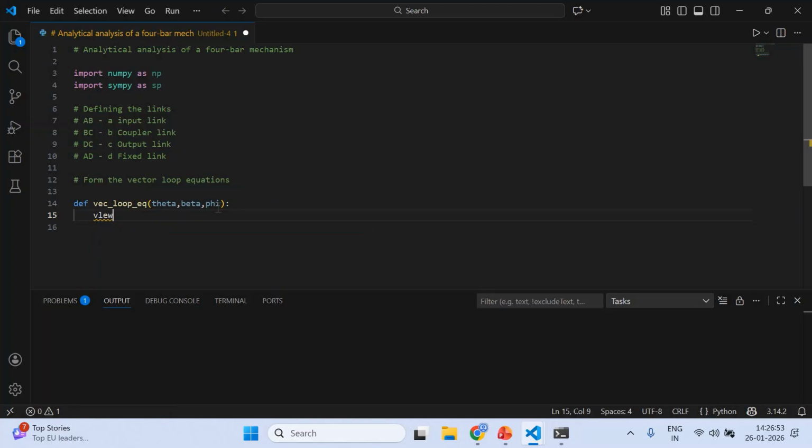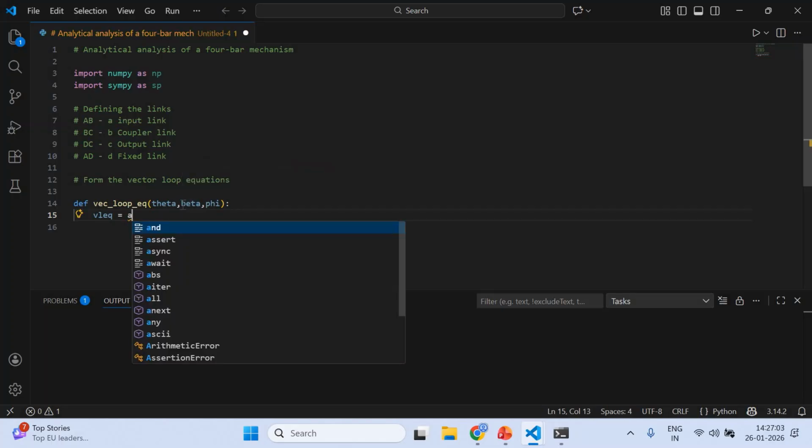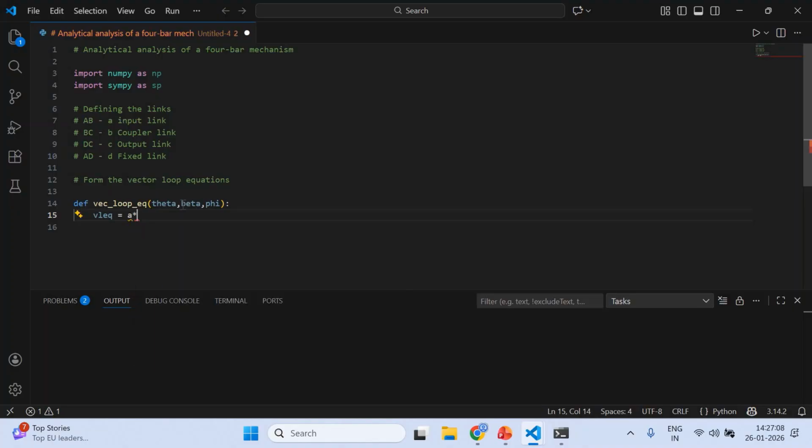Now let me write down that equation. It is basically VLEQ, that is vector loop equation. I'm simply using some notations to describe the equation. Now it is small a, that is the link length, multiplied by sp.exp.